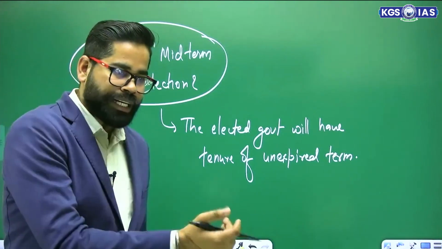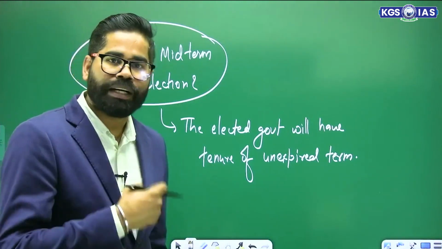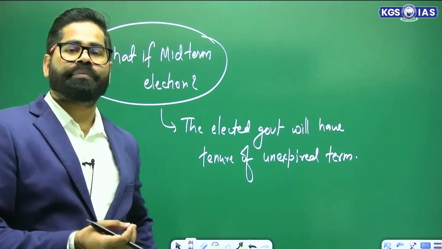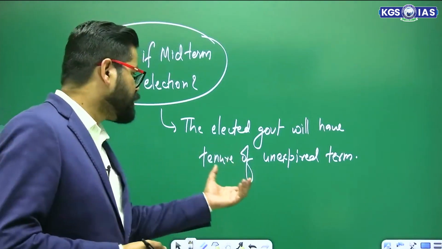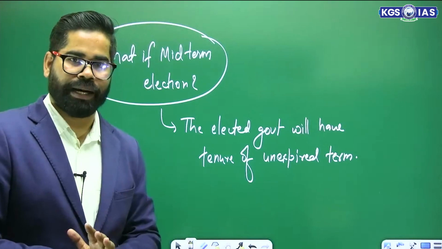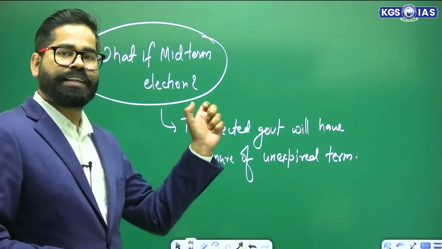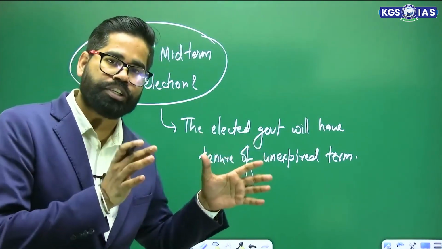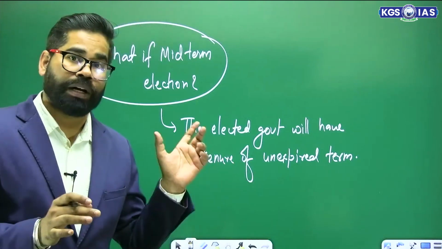Whatever is remaining, 2 years, 3 years, 1 year, 4 years, they will have that government for this unexpired term. This is one thing which has been done as part of Constitutional Amendment Bill 129.